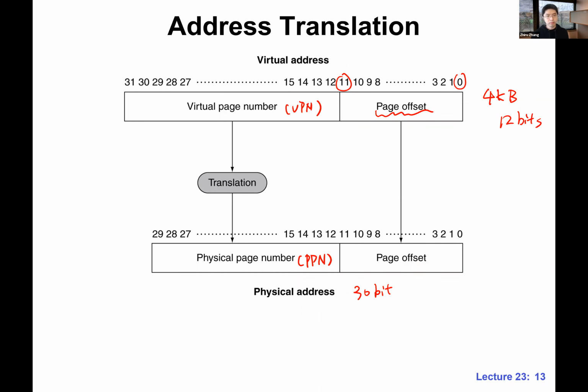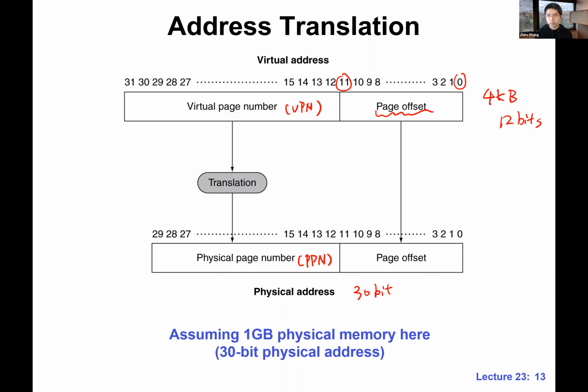I keep asking you the same question so that you are more familiar with this shorthand. 30-bit, how large is the physical memory space? 1 GB. 2 to the 30 is 1 GB. Our unit is byte, it's byte addressable. That's why we write down 1 GB.